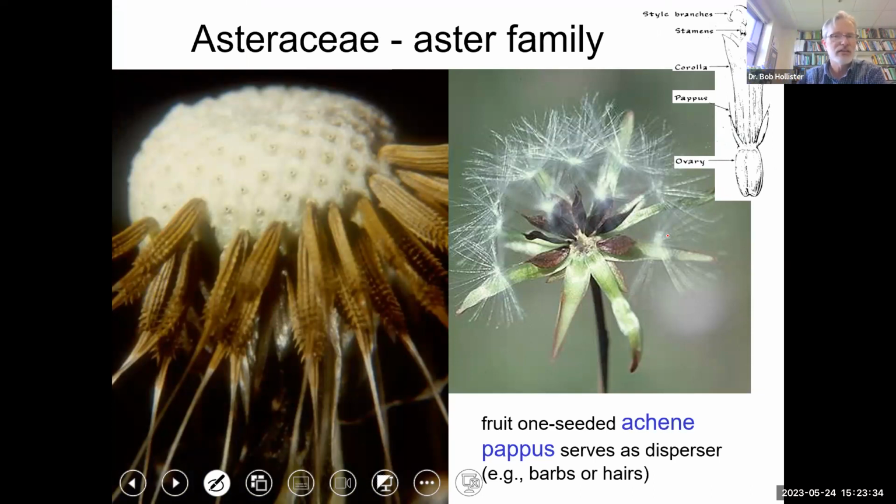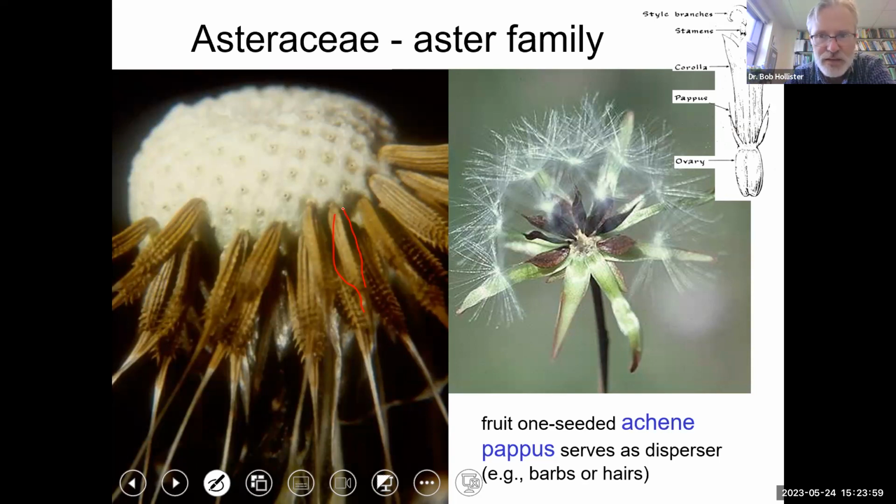So here are, again, some pretty pictures. The fruit here is an achene. An achene is a sunflower seed. Sunflower, Asteraceae, Compositae. And again, with a sunflower seed, you can break open the shell. The shell is actually the ovary, the fruit, and on the inside is the actual seed.